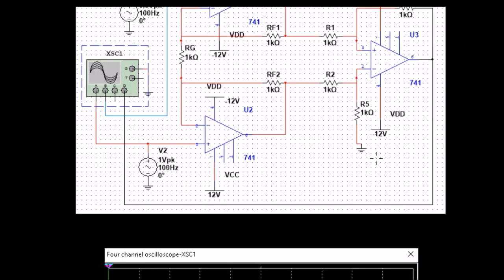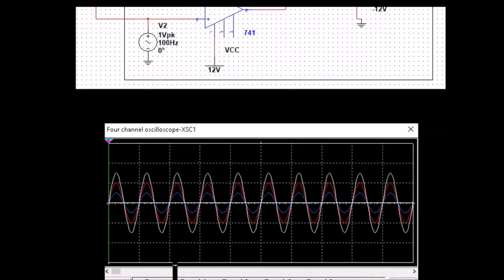You can see we've got an input here in blue and another input in red. The input in blue is about half a volt, and the input in red is 1 volt. So the difference between these is half a volt.